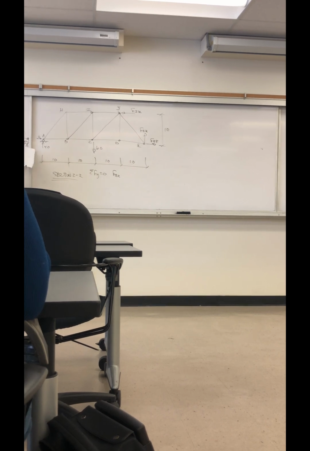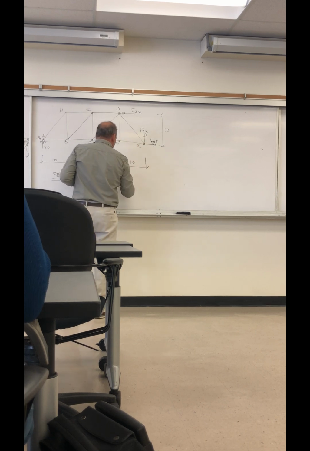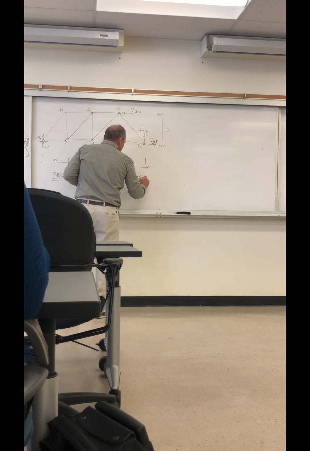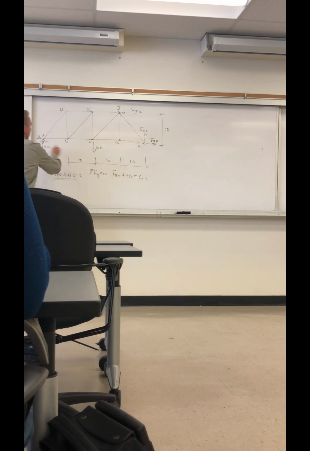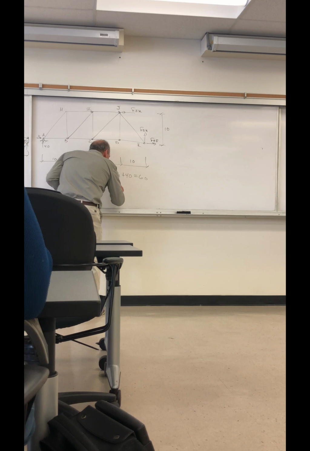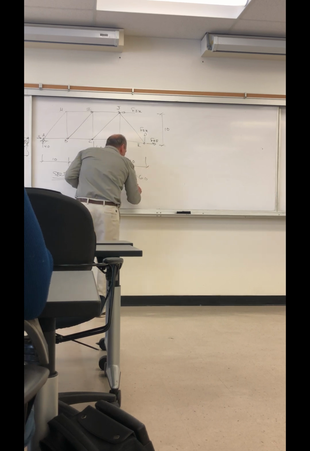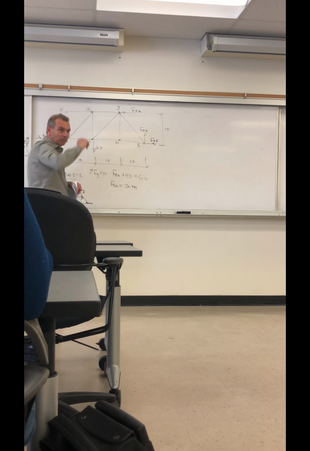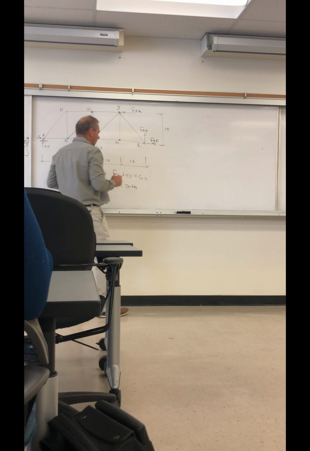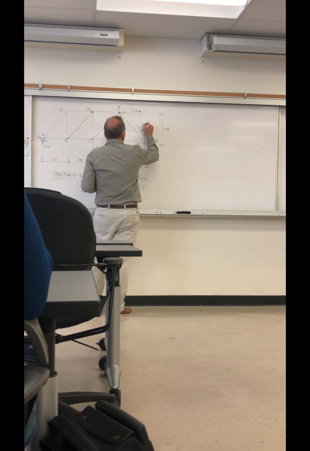So we have 40, but we also have 60. So F of EK plus 40 equals 60. 60 minus 40, that's 20 kips. Again, simple calculation, but you still have to make sure you include everything correctly. That's tension based on the direction. So this is 20.